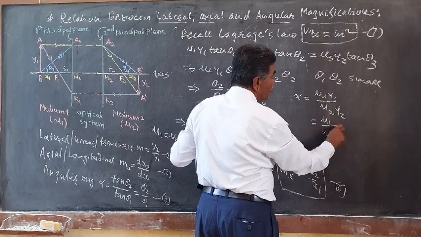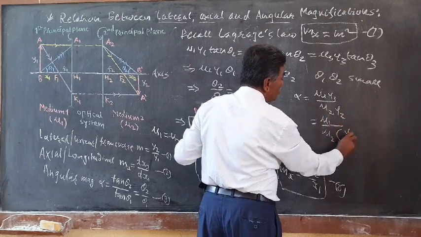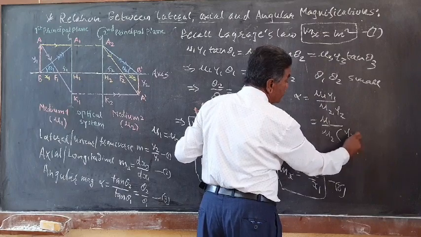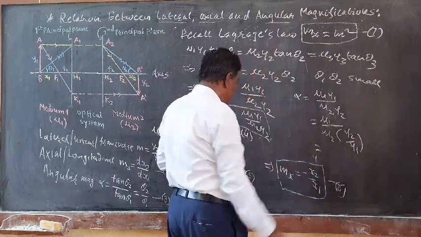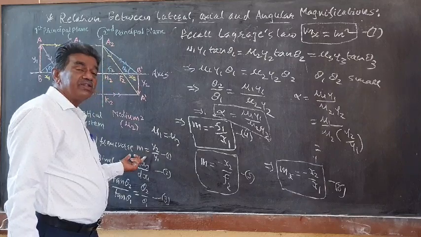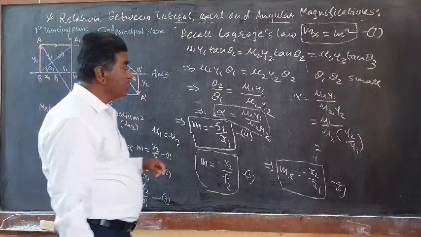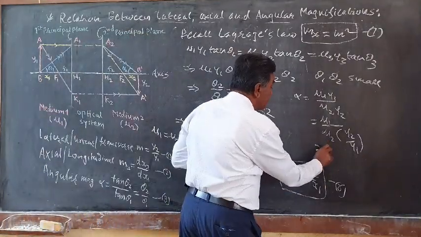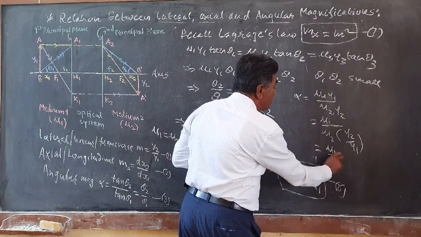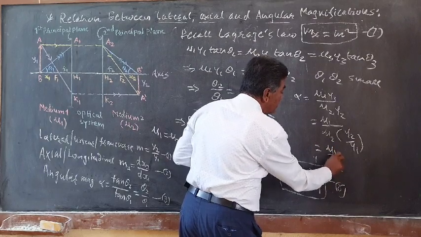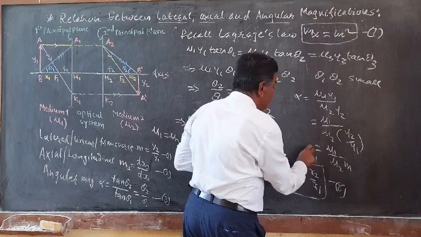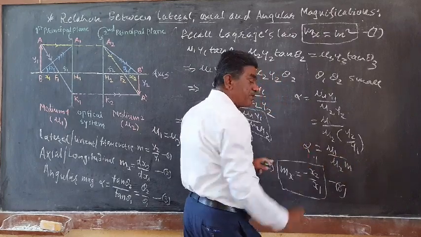So we are getting y2 divided by y1, and y2 divided by y1 is nothing but the lateral magnification m. So we can write alpha equal to mu1 divided by mu2 times 1 upon m. So this equation gives the angular magnification.